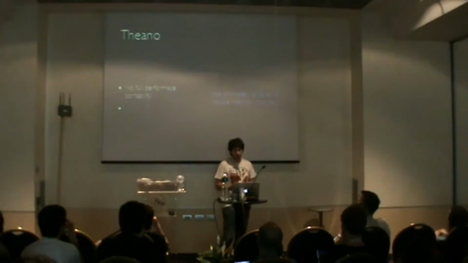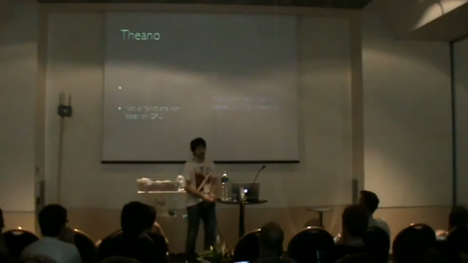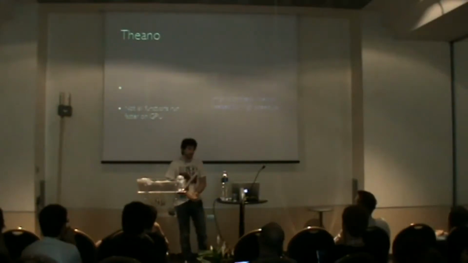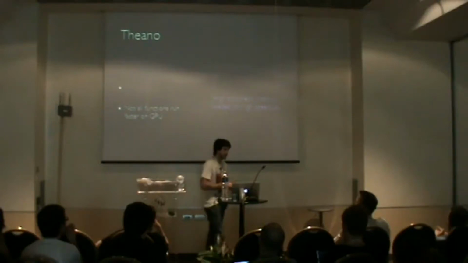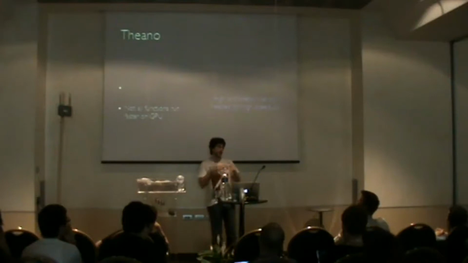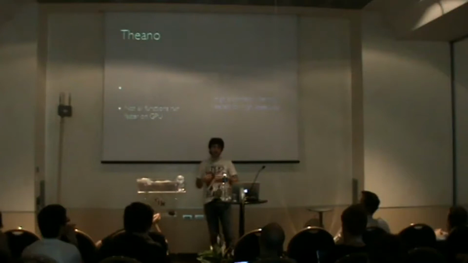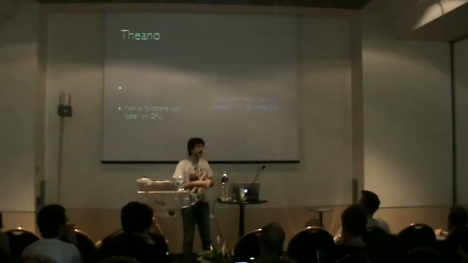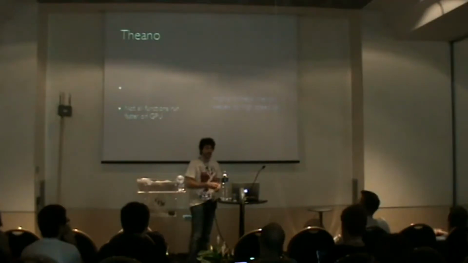Also, not all the functions of the library run faster on the GPU. This is why Theano was mainly designed to write machine learning algorithms. It's very good at running linear algebra operations, and they all run fast.